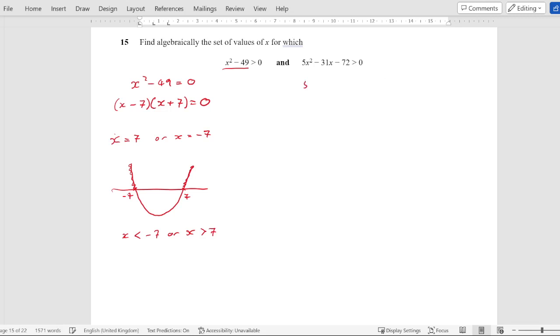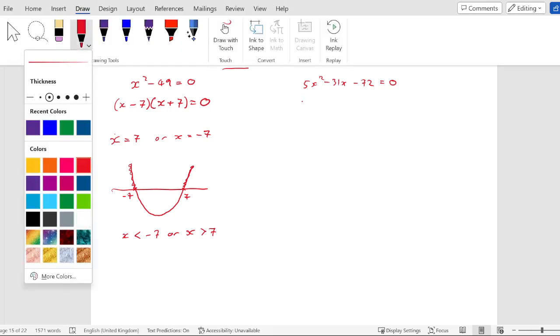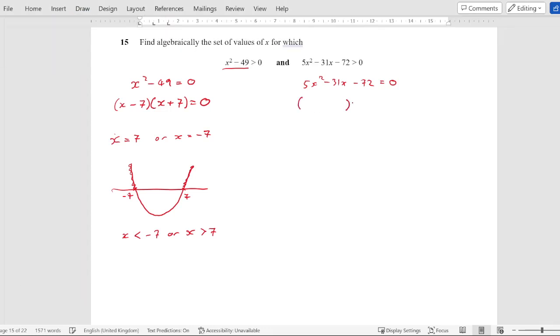Then I'm going to do exactly the same thing for the second inequality. So I'm going to solve 5x squared minus 31x minus 72 is equal to 0 first of all. We'll try and factorize it first.